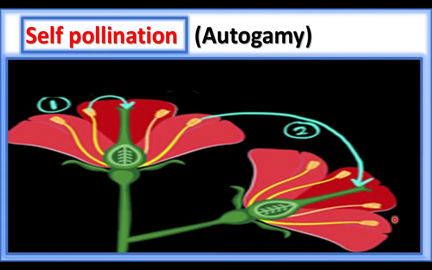Self-pollination takes place in two ways. First, pollen grains are transferred from anther to the stigma of the same flower. Second, pollen grains are transferred from anther to the stigma of another flower of the same plant. Both the flowers arise from the same plant.